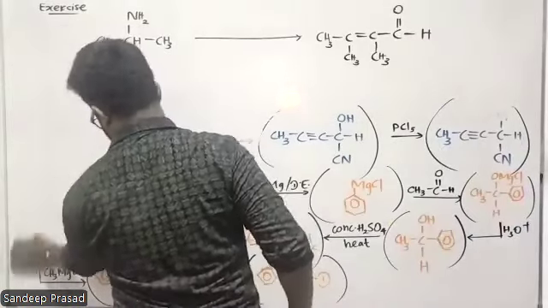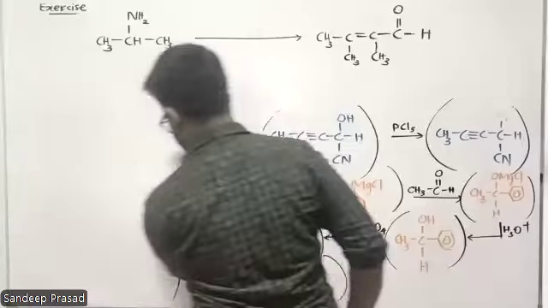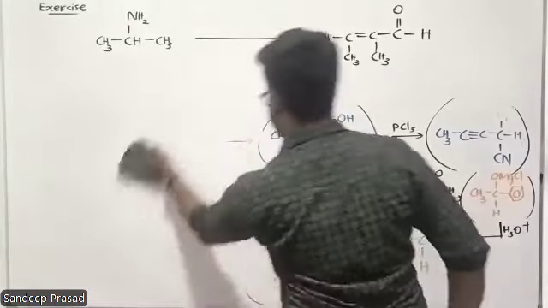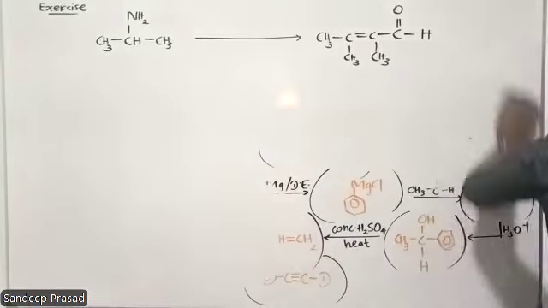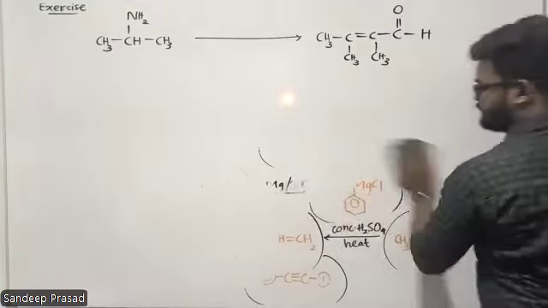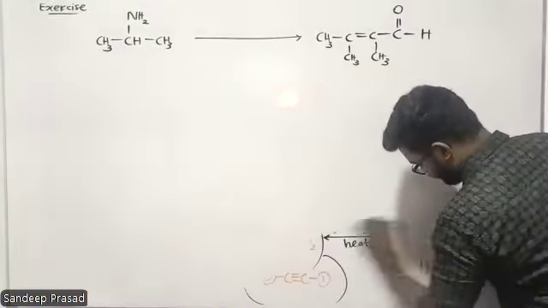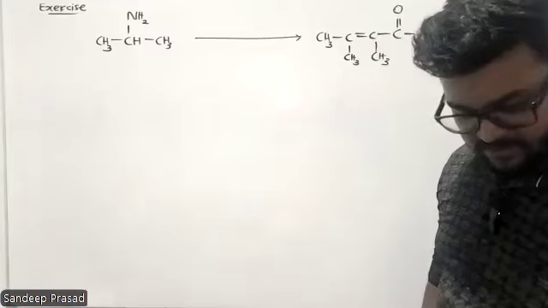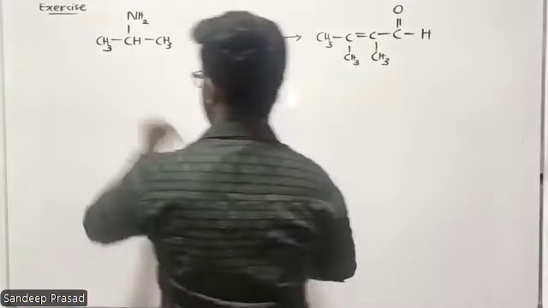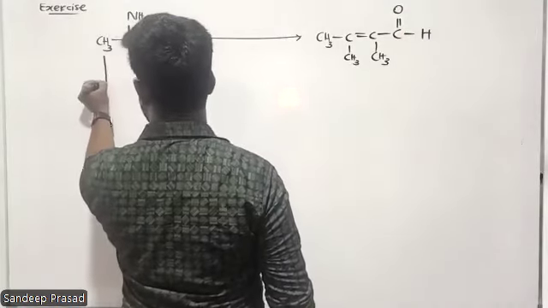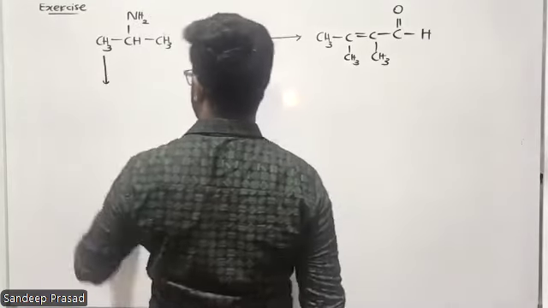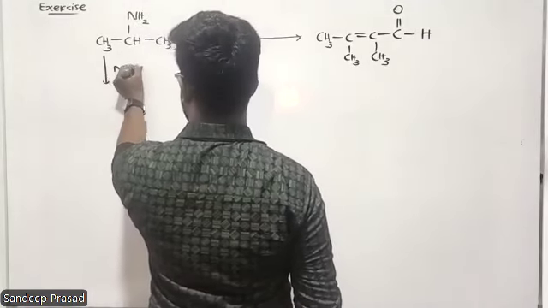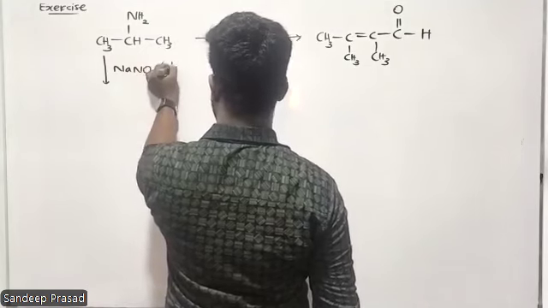Now look at this one very carefully. They have given a primary amine. So we can start from addition of sodium nitrite in the presence of diluted HCl.